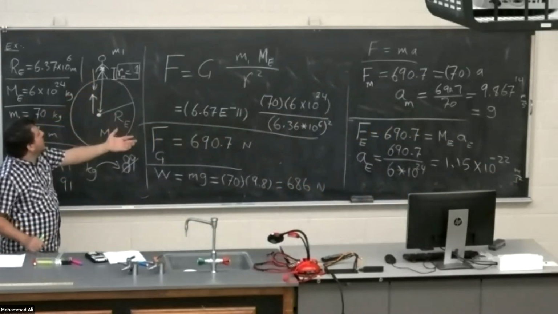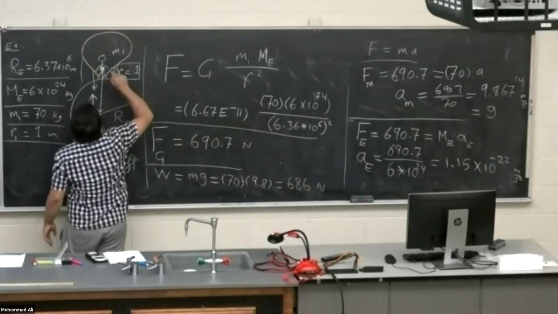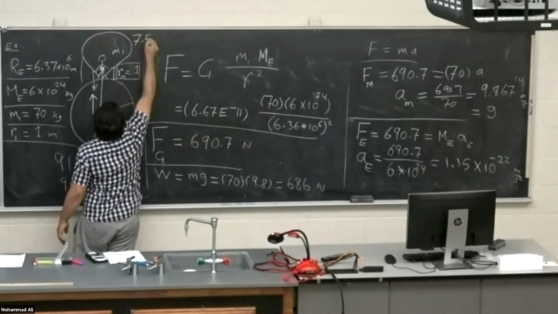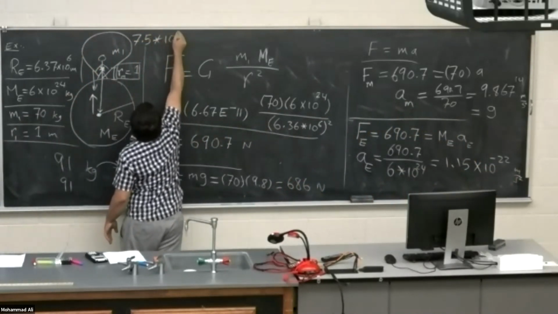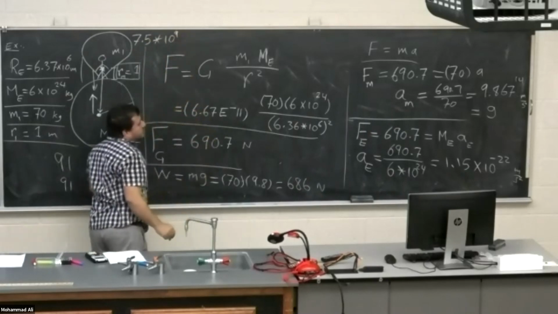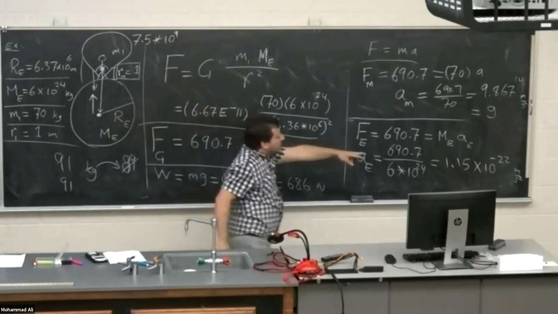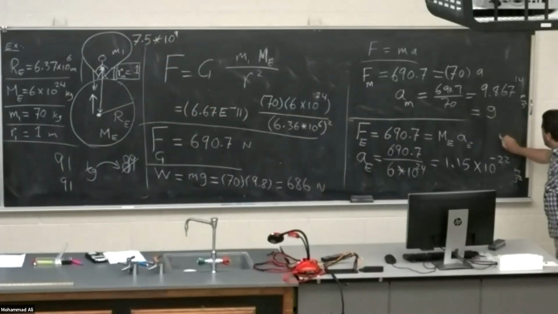If I ask you, if all the people were put at this point, we have 7.5 billion, which is 7.5 multiplied by 10 to the 9 people. If we multiply this number by this number, it will still be very small, negative 13, for example.